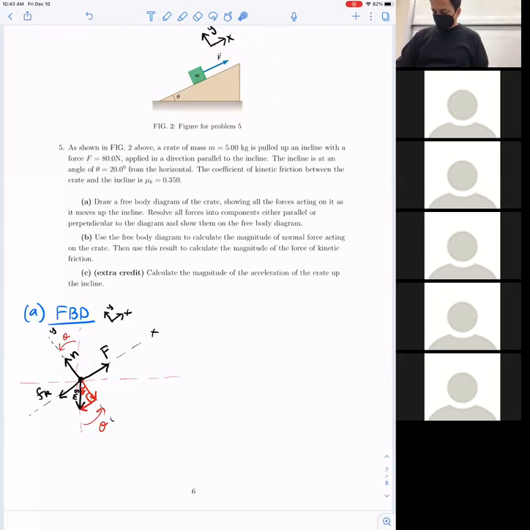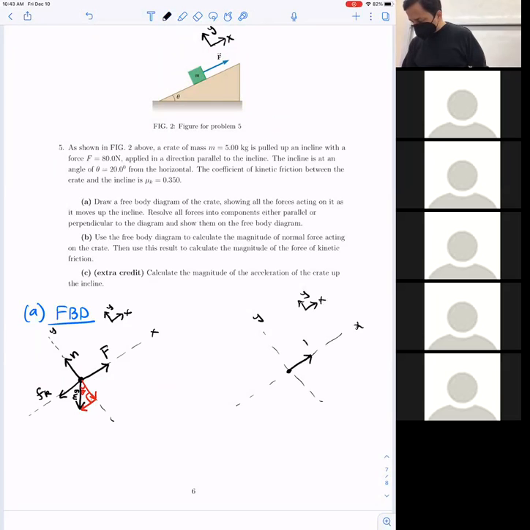So let me go ahead and, for clarity, get rid of those last few things that I drew. All right. So now I'll draw a separate diagram where all of these things are completely resolved. So there's my x, this is my y.